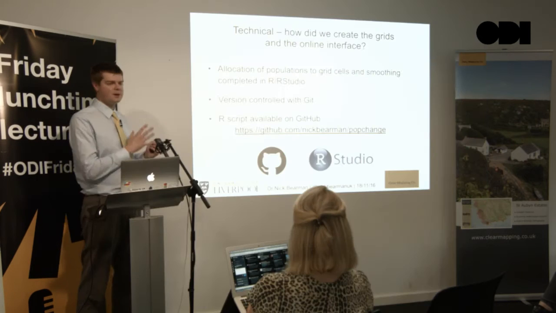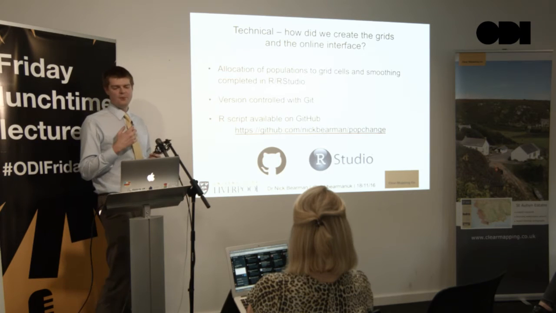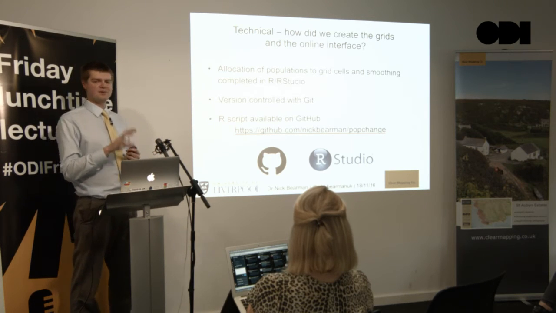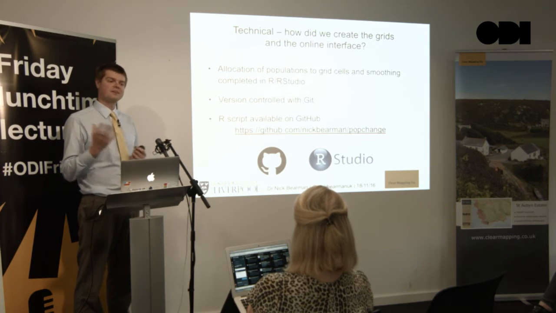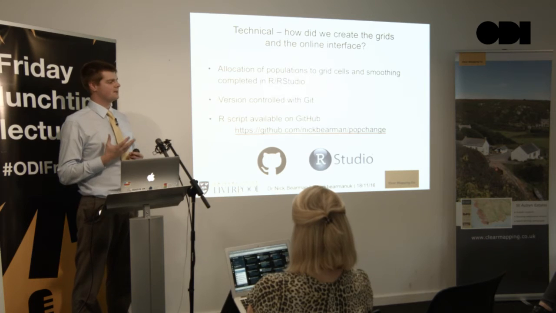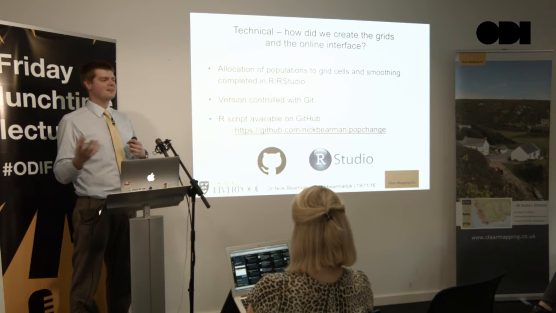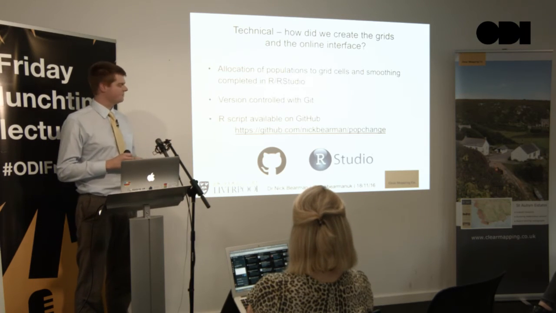It's on GitHub, and it means that if there are other people who want additional variables for the UK census, it's very easy for them to run the code for that. Or if people doing other censuses across the world want to use a similar approach to generate a gridded product, it's quite straightforward for them to do that as well. So as well as the data being well used, we wanted to make the methodology open and used as well.